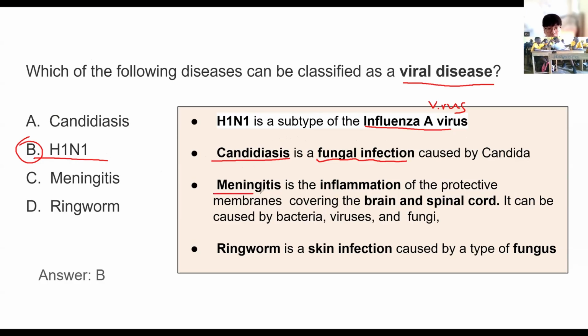And meningitis is the inflammation of the membranes covering the brain and the spinal cord. But it's not directly linked to a viral disease. There can be multiple causes.